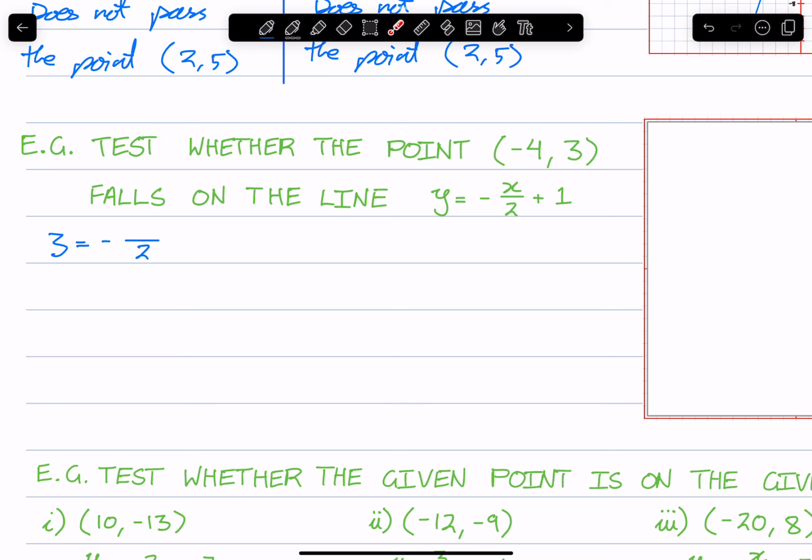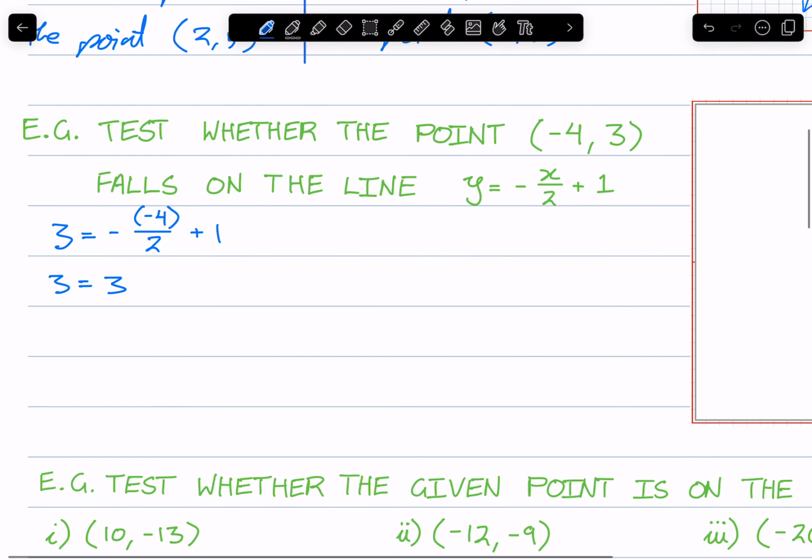Notice how I'm writing out just that bottom bit. And substituting now negative 4 plus 1 from the equation. Typing this into my calculator, negative of negative 4 over 2 plus 1, I get 3 equals 3. This statement is true. 3 does indeed equal 3.